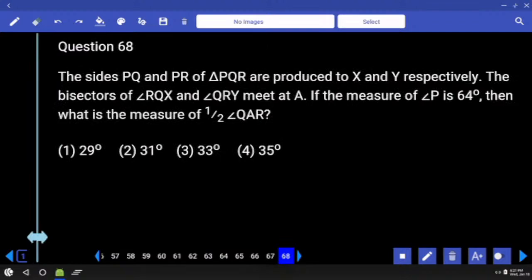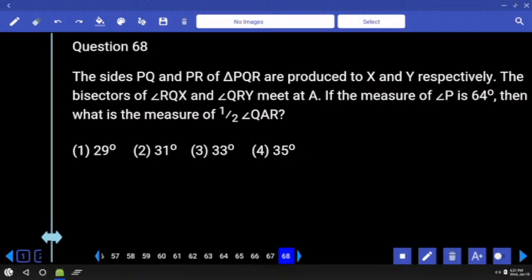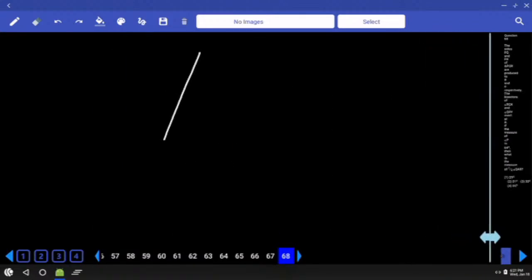The sides PQ and PR of triangle PQR are produced to X and Y respectively. Okay. Now there is a triangle PQR.